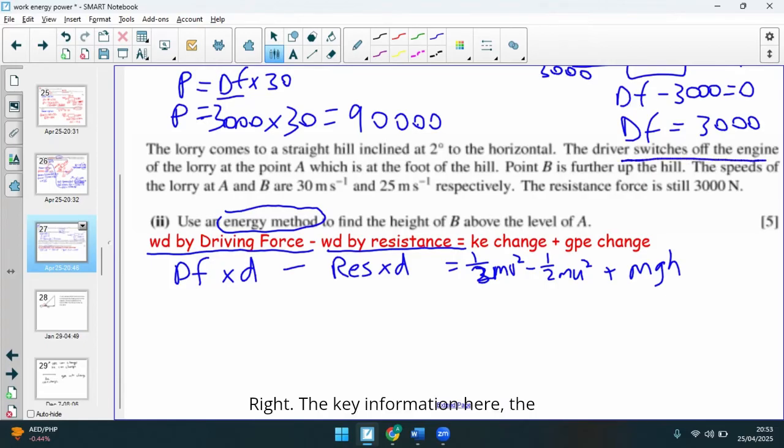Right, key information here, the driver switches off the engine. If you switch off the engine, there is no driving force because you're not pushing the pedal. So there is no force pushing the car up, right? So that's just 0 times d, which is 0. Okay, what's the resistance? 3000.